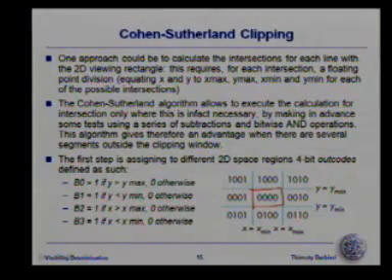If the point you are considering has a y-coordinate which is greater than y-max, which is over the clipping area, then you put bit 0 to 1. In fact, in all this area over here, bit 0 is 1, you see?